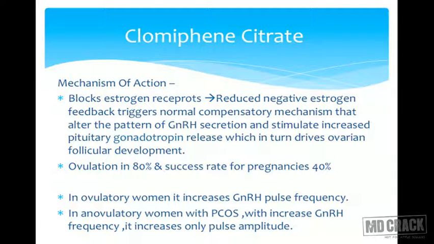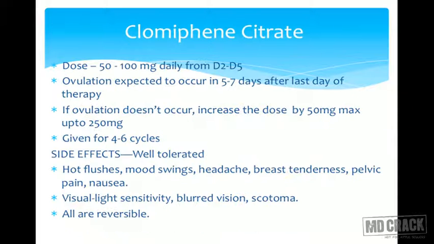In ovulatory women, it increases the GnRH pulse frequency, and in anovulatory, like in PCO, it increases the GnRH frequency and it increases the pulse amplitude. More amount of GnRH is getting secreted. The dose is around 50 to 100 mg daily from day 2 to day 5 of menses. Ovulation occurs 5 to 7 days after the last day of the therapy, around day 12 or 13.